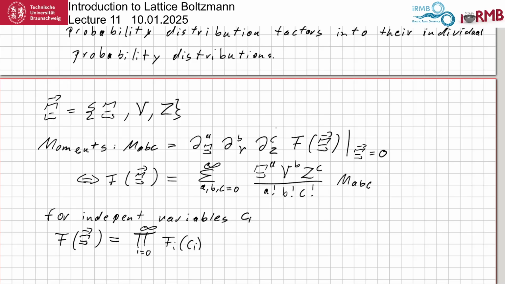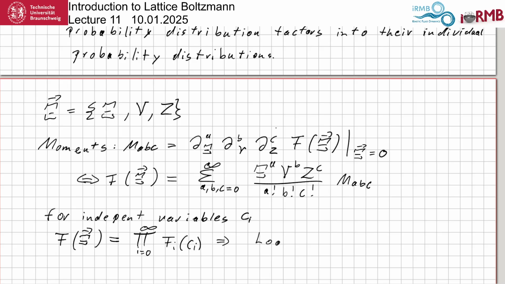Now this one is in the form of a sum and the other is in the form of a product. In order to write this in the same way as we write this here, we have to use the logarithm. To turn a product into a sum, we use the logarithm.